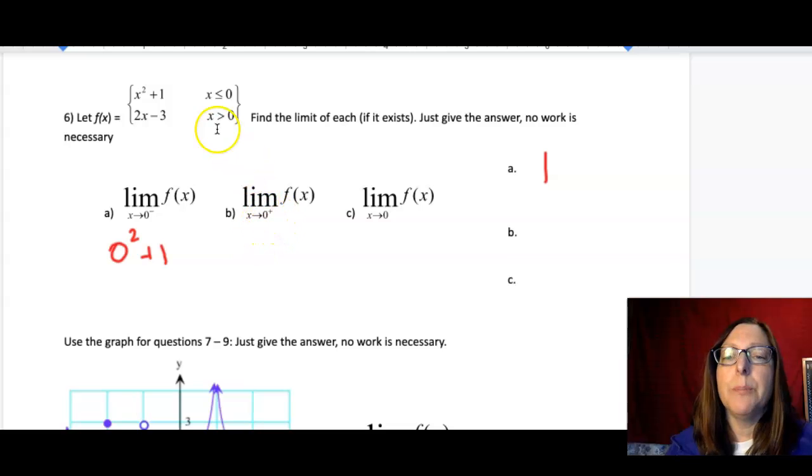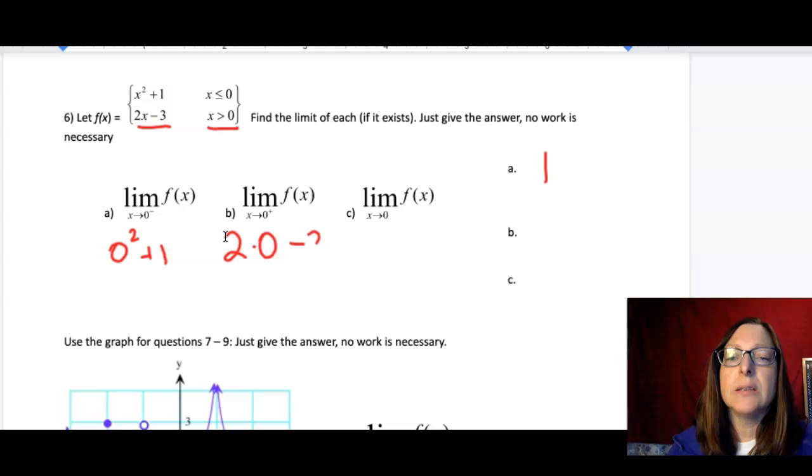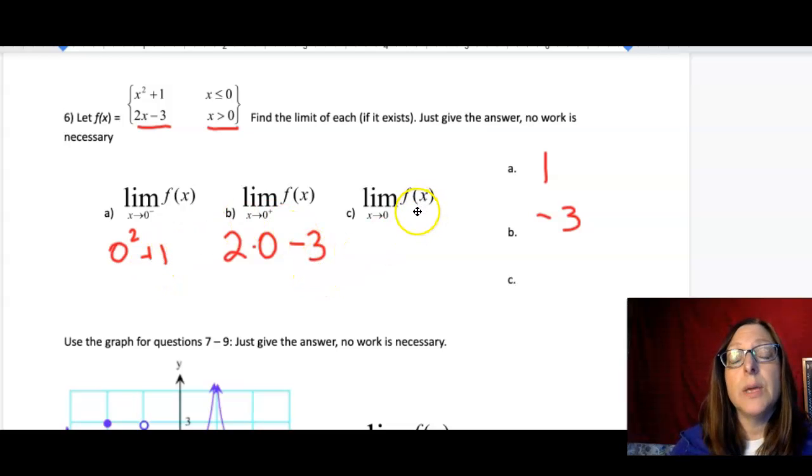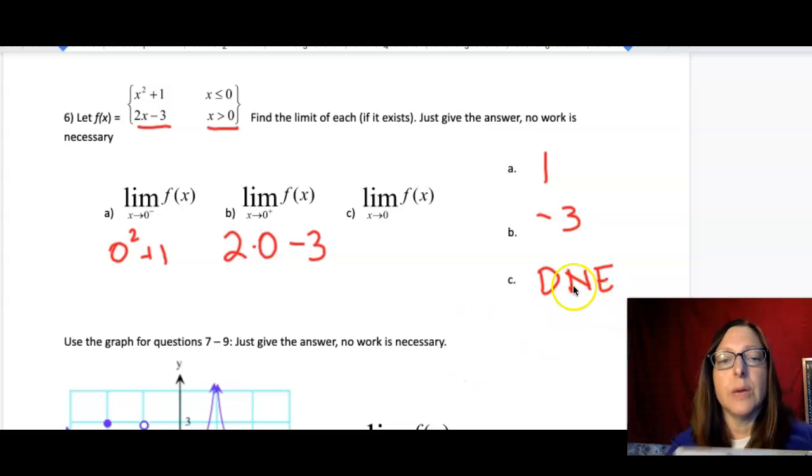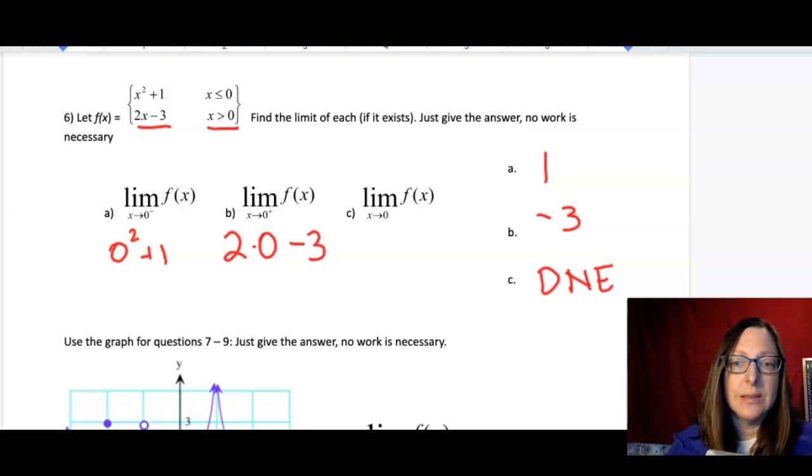That means a little bit bigger than 0. So that is the bottom function. So plug a 0 in for x there, and you get -3. So on the left it's 1, and on the right it's -3. Because they don't match, you cannot find one single limit. You have to have matching on the left and the right. So at 0, it does not exist.